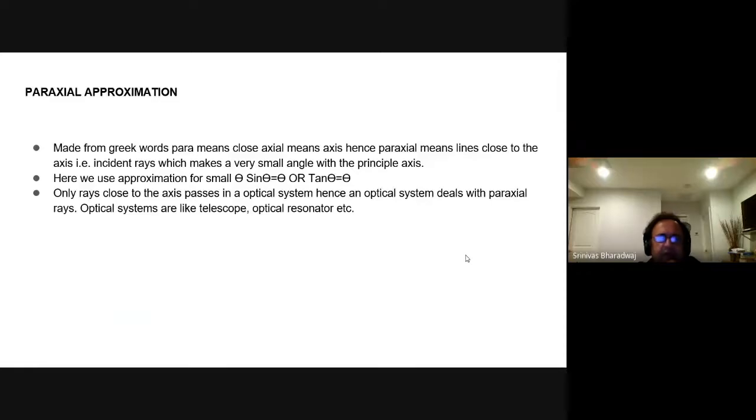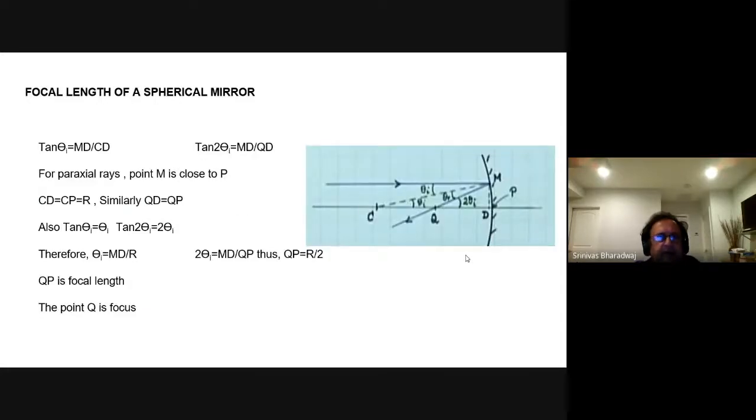Only rays close to the axis pass in an optical system. Hence, an optical system deals with paraxial rays. Now, what is the focal length of a spherical mirror? For a spherical mirror, QP equals R by 2.